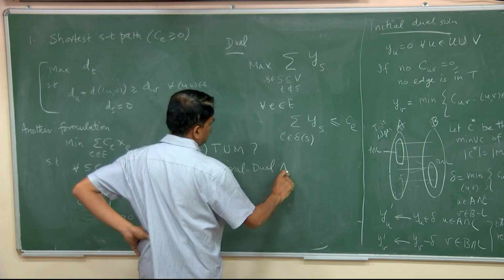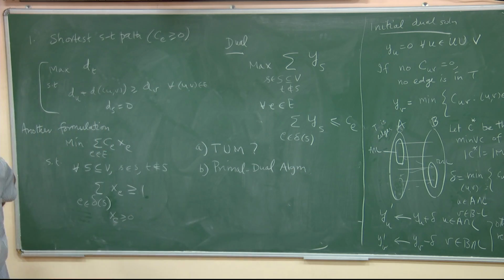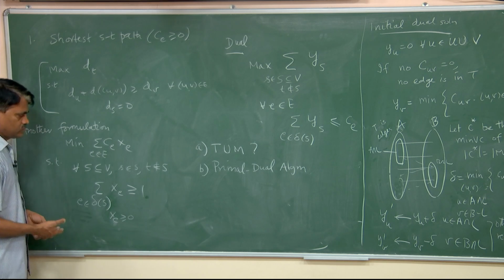So how does the primal dual algorithm work? It starts with some dual feasible solution. A trivial dual feasible solution sets all the y's to be 0. For every set, I make the y's 0 and I pick an x to be all 0.